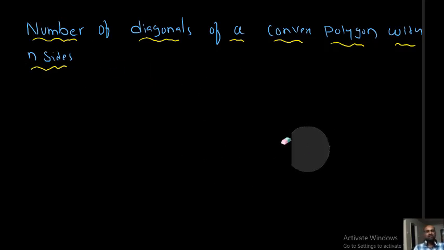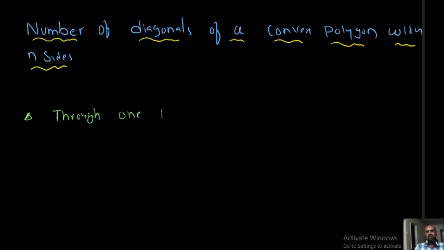I will write that. Through one point we can draw infinite lines, an infinite number of lines.